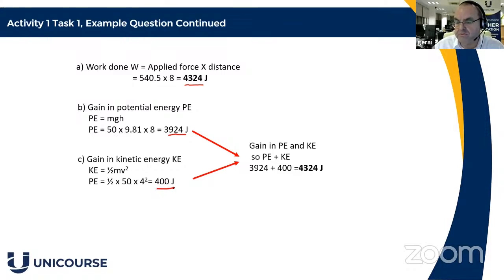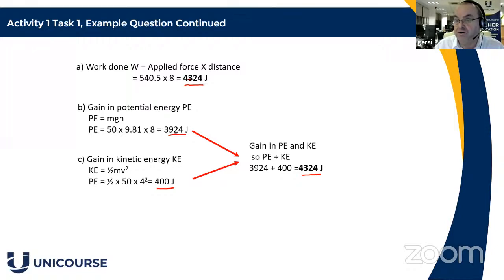Now, what I want you to do is add the gain in potential energy and the gain in kinetic energy, the two we've done there on that page. We find it's equal to 4,324 joules. And amazingly, it's the same as the work done, as it should be.